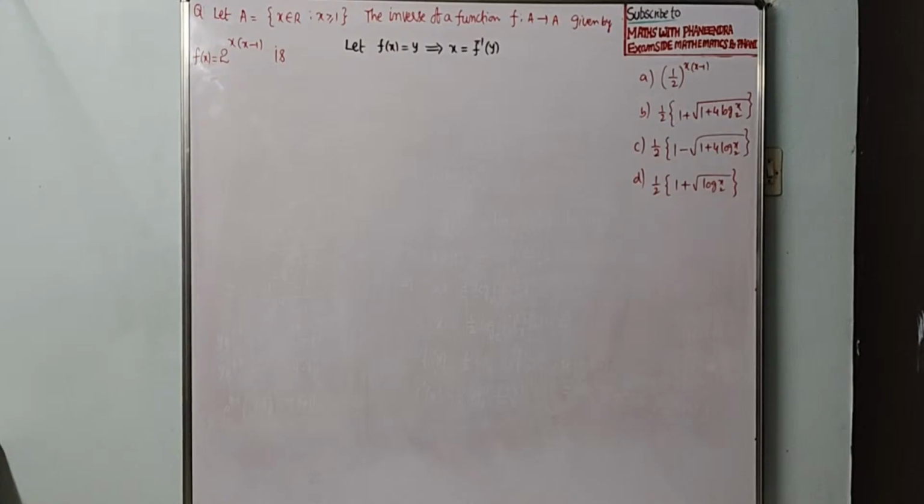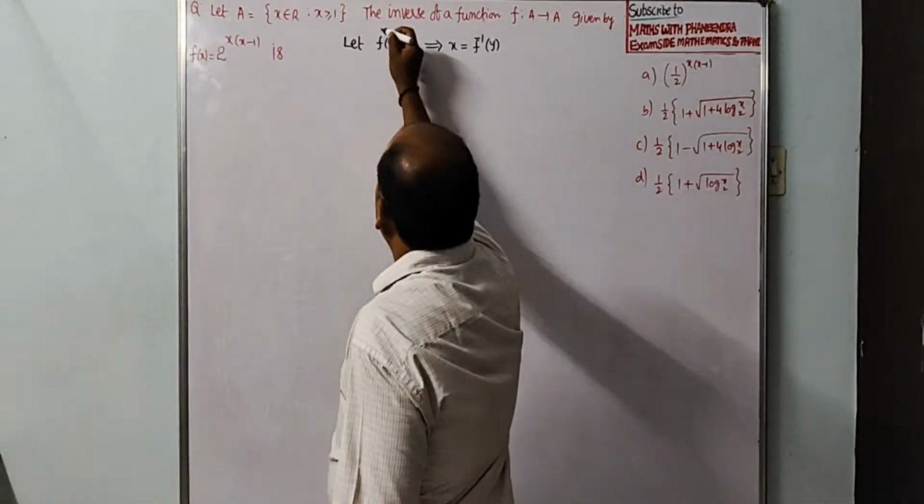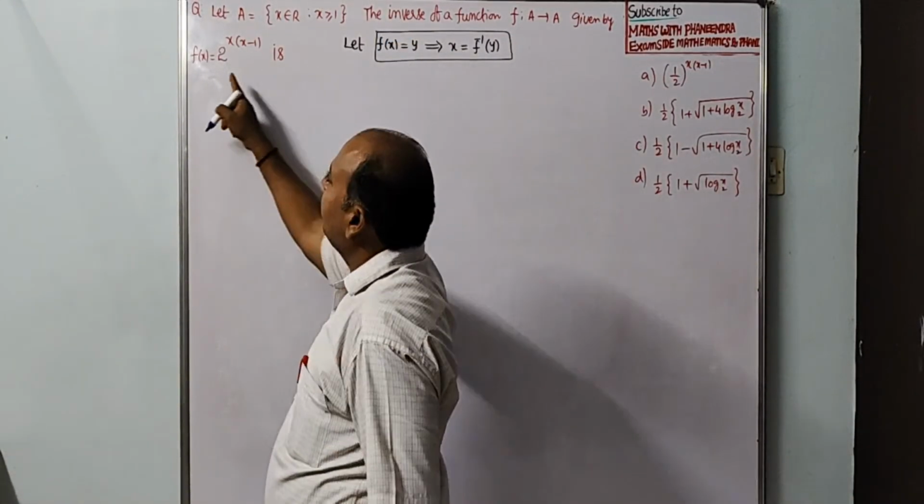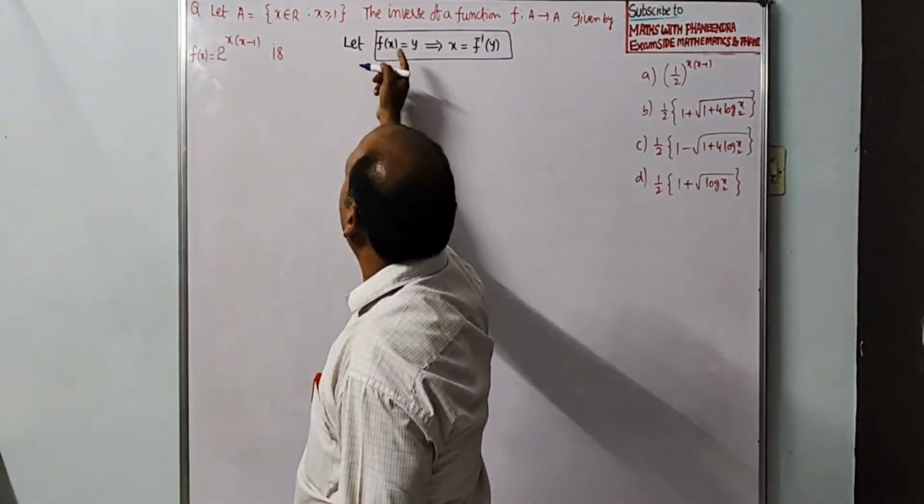So first, to calculate inverse of the function, we need to write this step, and wherever f of x is there, replace with y.